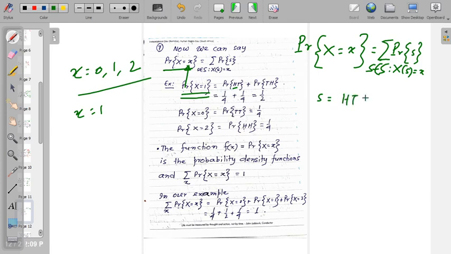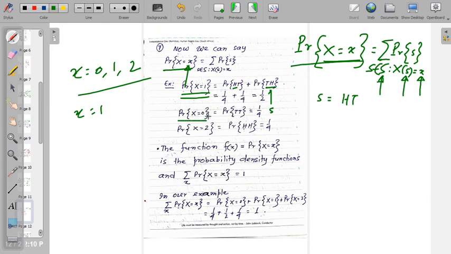That small s will definitely belong to the sample space. That is the criteria, such that small s will be mapped to this number of interest, 1. Okay. So that is the way we can define the probability of X equal to x. And this is quite logical, right?